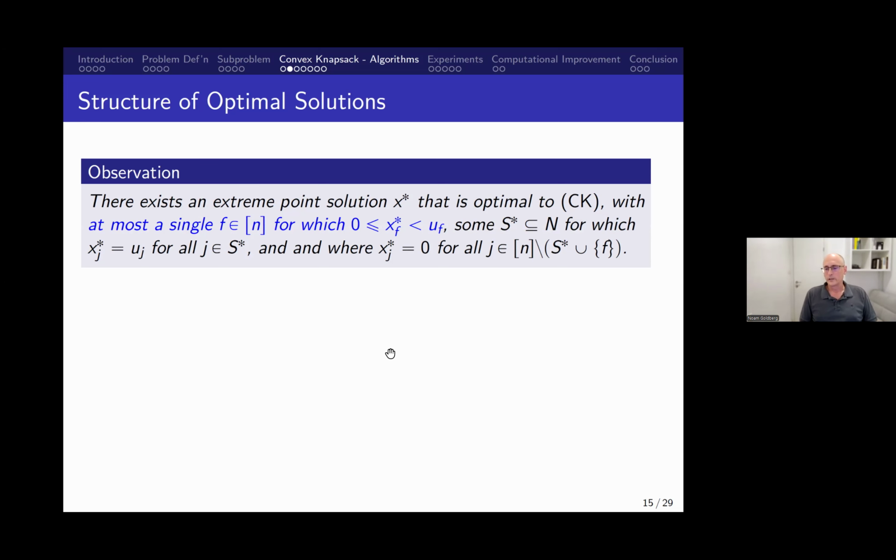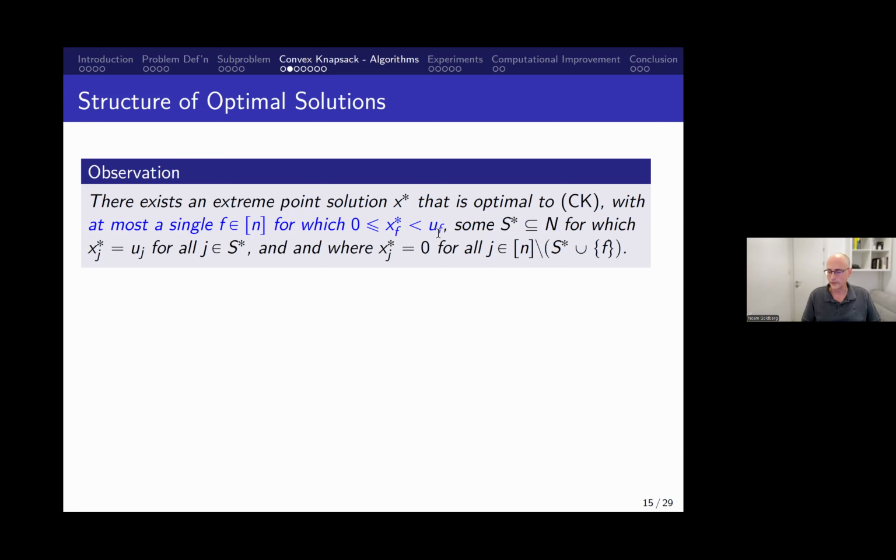In convex maximization, we know that there is an extreme point optimal solution. In our case, this extreme point solution corresponds to a single fractional item that's partially used, not used up to the upper bound, and all of the other items that are used are fully used.